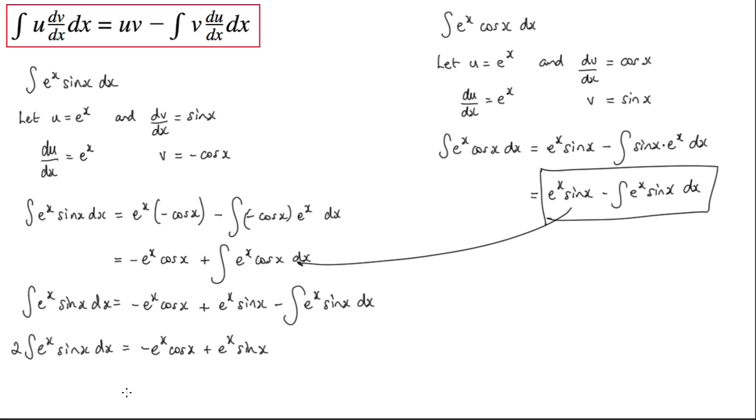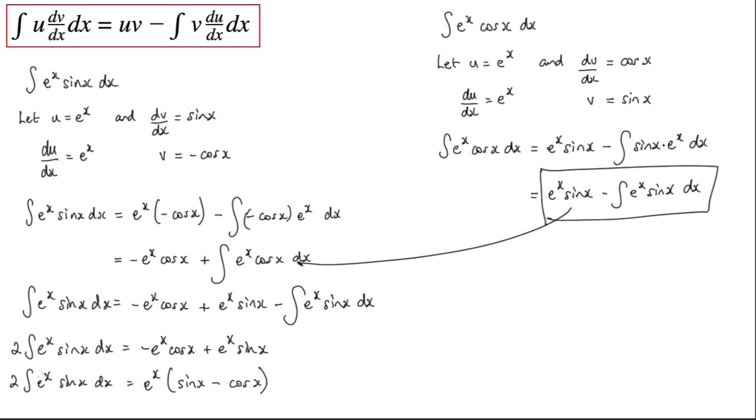Let me just simplify this a little bit further. Now we've got a factor of e to the x here, and I'm going to rearrange things a little bit. So I've got a factor of e to the x, and I'm going to put sine x first because it's the positive term. Subtract cos x.